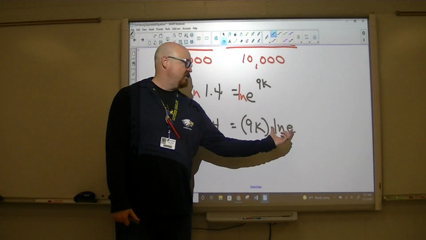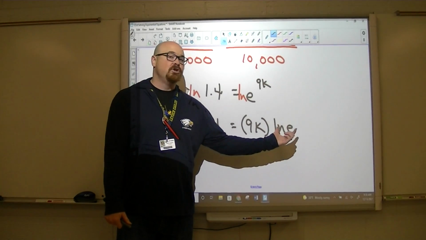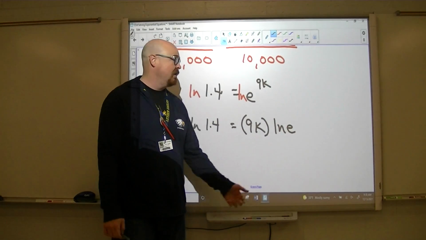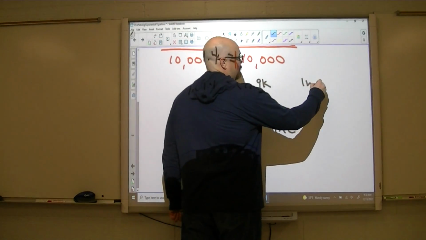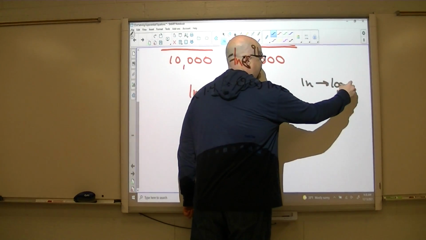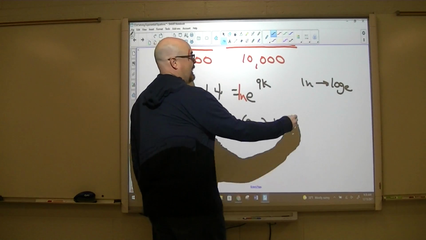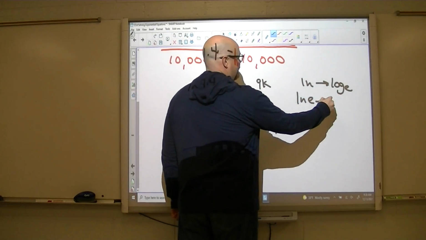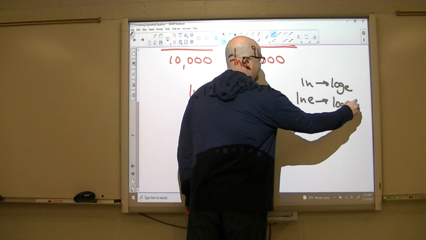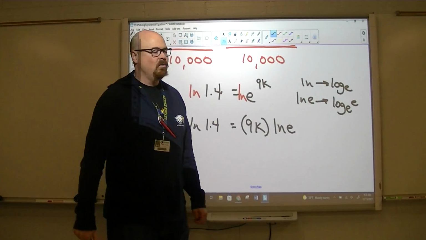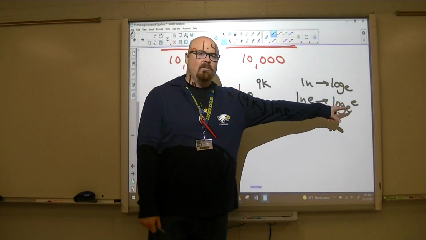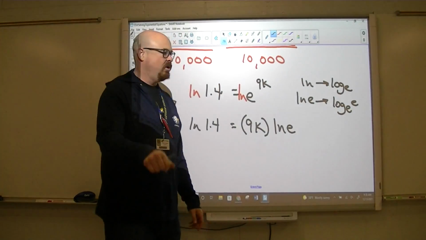Okay? And this is what I mentioned before. We can choose any logarithm, but we choose natural log because the natural log is log base E. So the natural log of E is log base E of E. And what is the value of a logarithm where the base and the argument match? It's always 1.